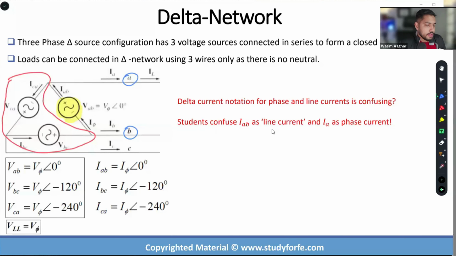Why small b? The reason is that we're looking at a source. So the voltage between this point and this point is simply VAB.